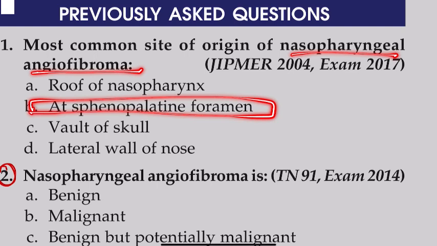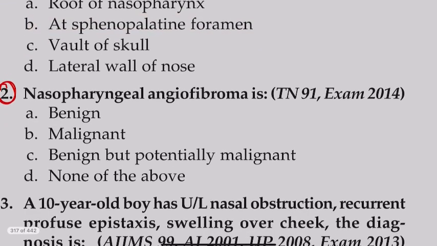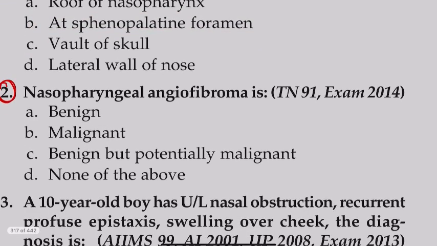It originates from the posterior part of the nasal cavity close to the superior margin of the sphenopalatine foramen, right? Nasopharyngeal angiofibroma, is it a benign or malignant condition? It is a benign condition, right?